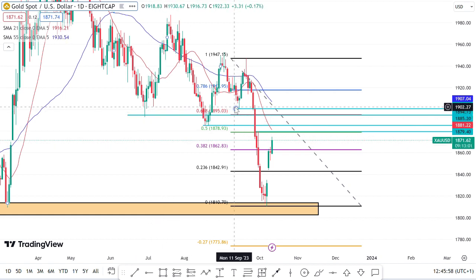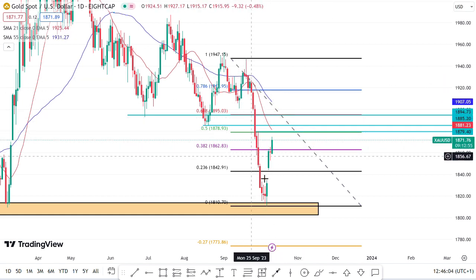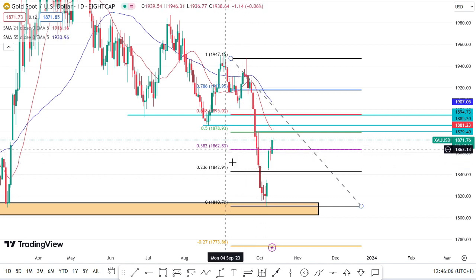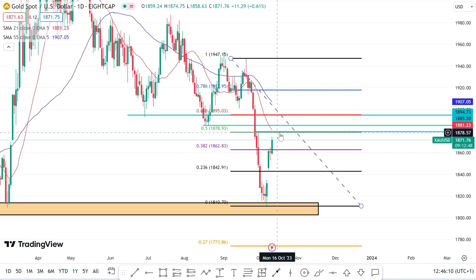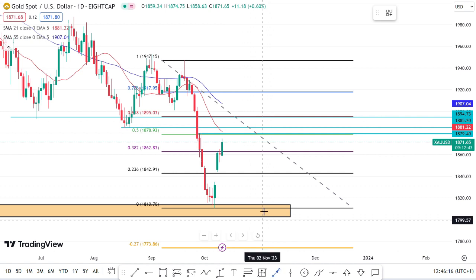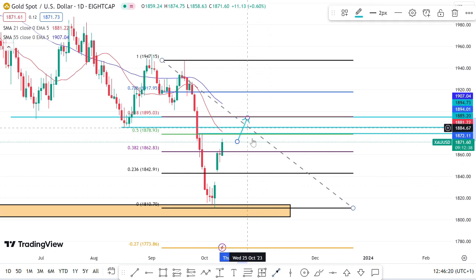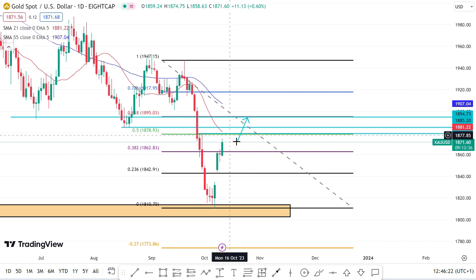So I'm going to delete this right here, and I will leave this as well. So we have already broken out of 0.382. Now we are heading to the 50% Fibo, or we will likewise get to this 61.8 somewhere here, or this 50%.